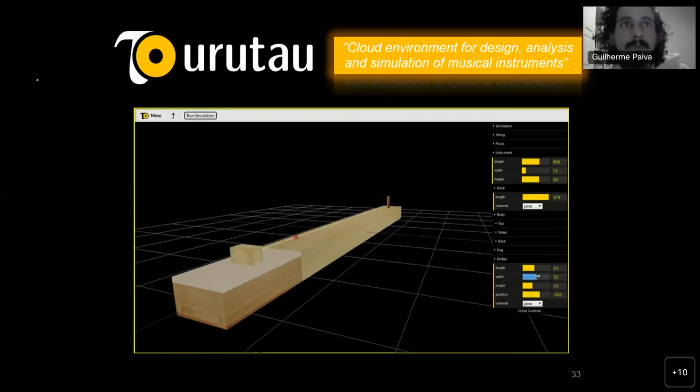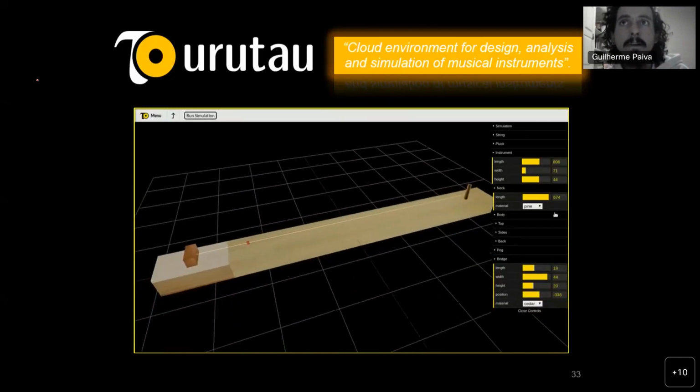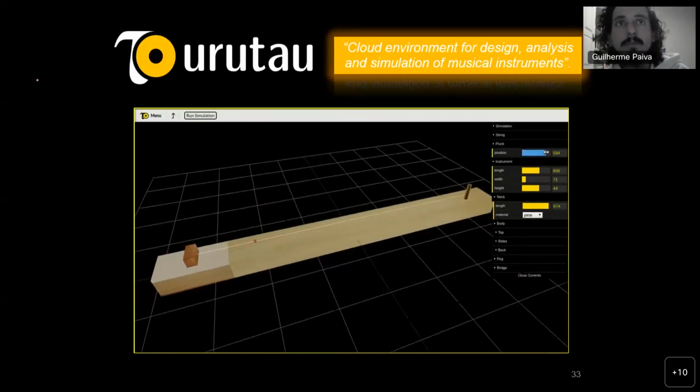Finally, the bridge, the dimensions of the bridge. And the material, for example, spruce. And finally, the plug position.